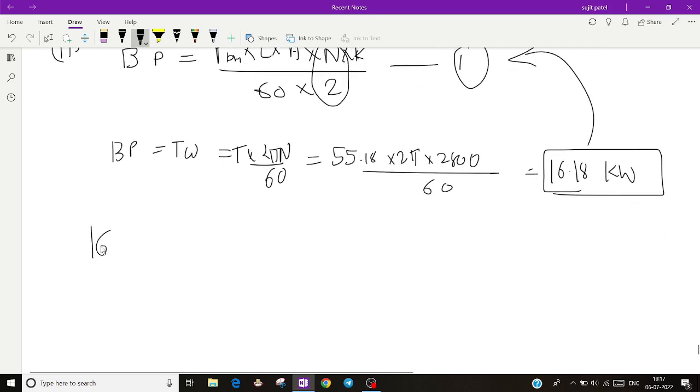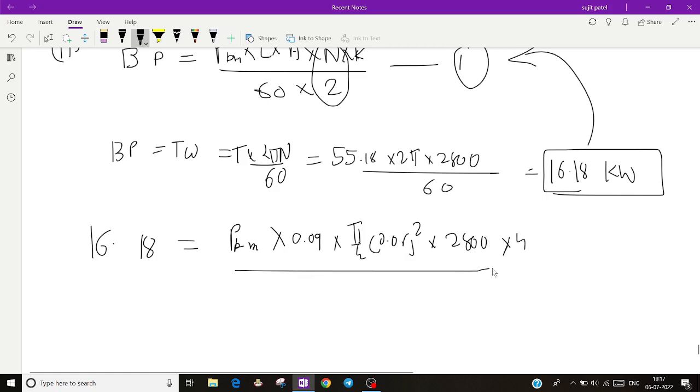So 16.18 is equal to brake mean effective pressure multiplied by stroke length 0.09, multiplied by pi by 4 into 0.06 whole square, and RPM 2800, number of cylinders 4, divided by 60 multiplied by 2.